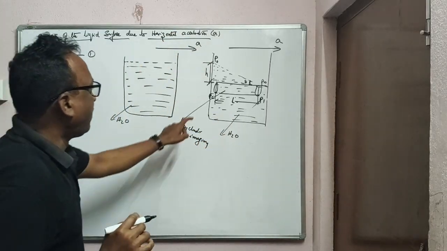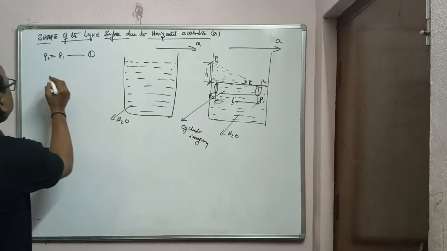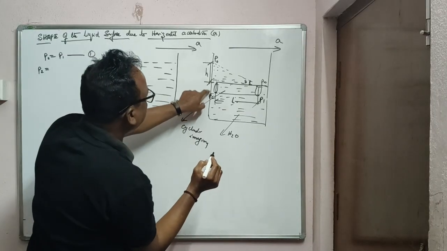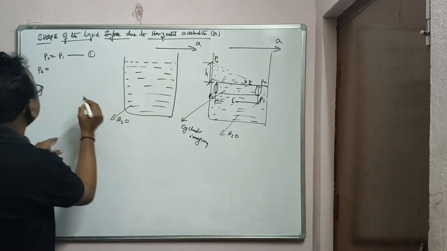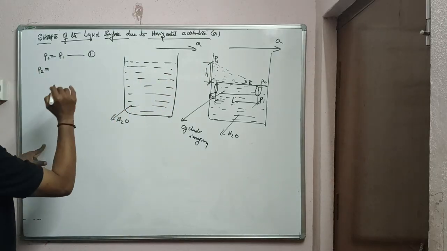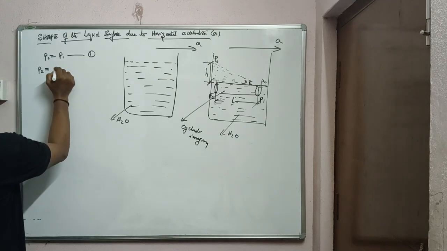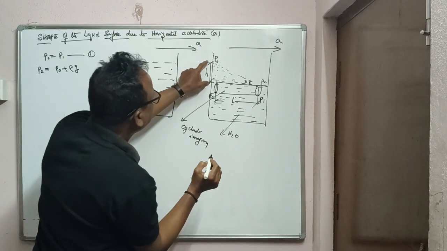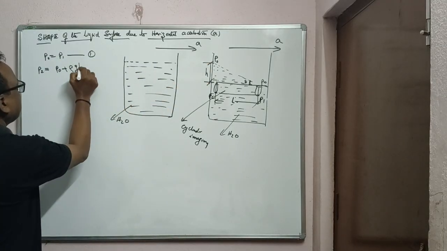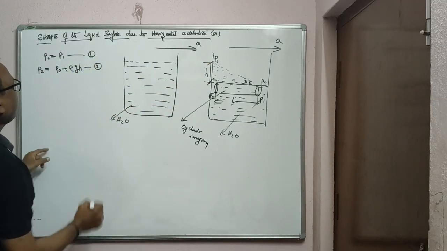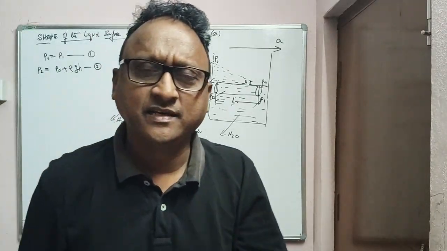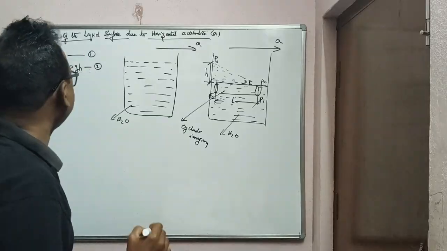Now what is P2 here? What will P2 be? P2 is equal to P naught plus rho g h, from your equations of Bernoulli's theorem. Already we have learned Bernoulli's equation: pressure energy, kinetic energy plus gravitational energy.